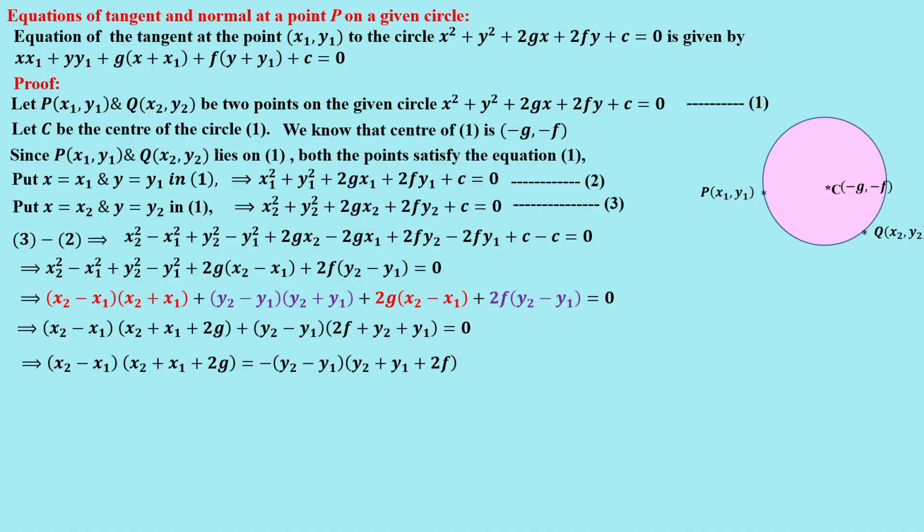Now (x2 - x1)(x2 + x1 + 2g) is equal to, taking that y term to the right-hand side, minus (y2 - y1)(y2 + y1 + 2f).